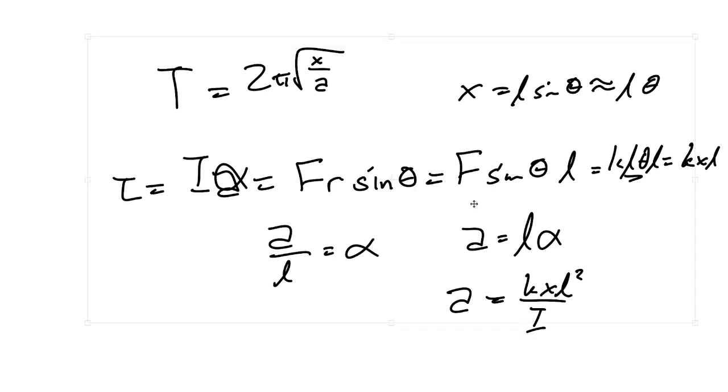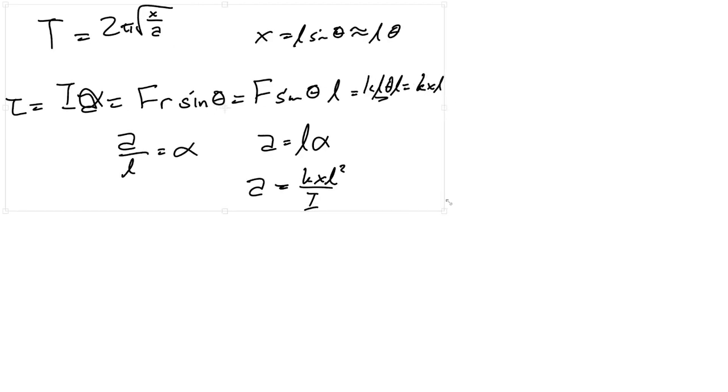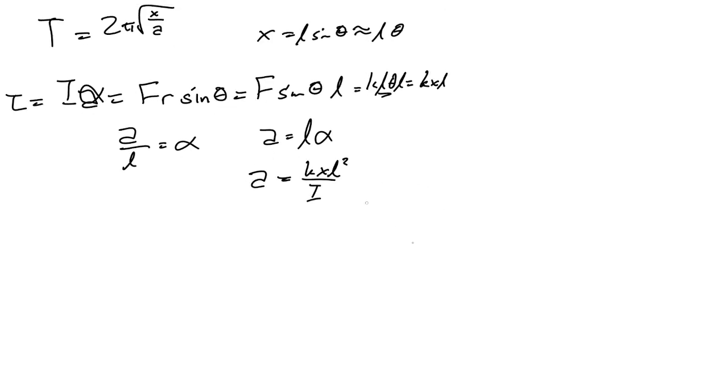So I'm just going to move this aside a little bit. This is quite a hard problem, as you can tell. And now from here, we can do the same thing that we did before. So T equals 2 pi times the square root of xI divided by kxL squared, right? So we can cross these out.